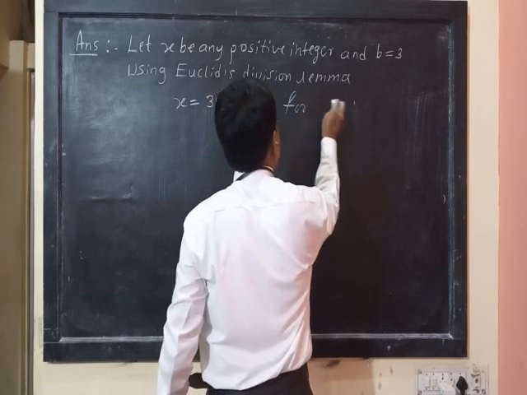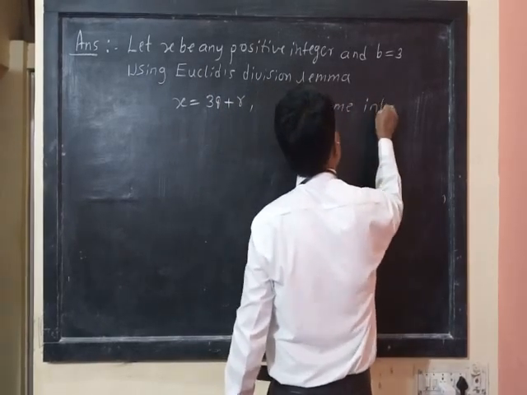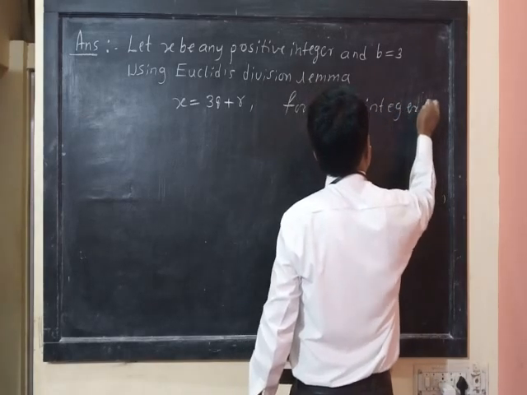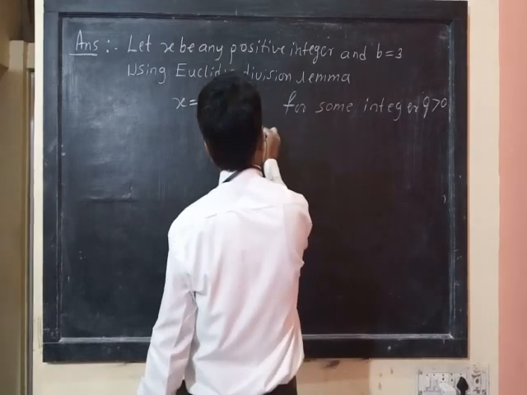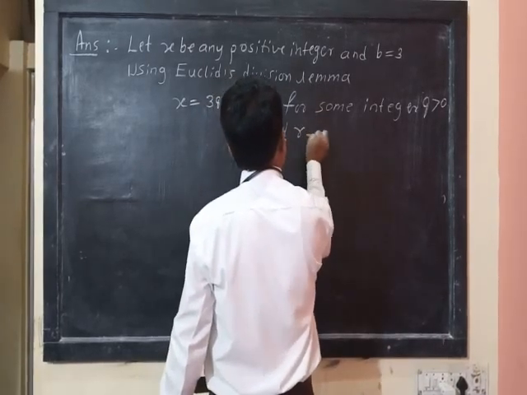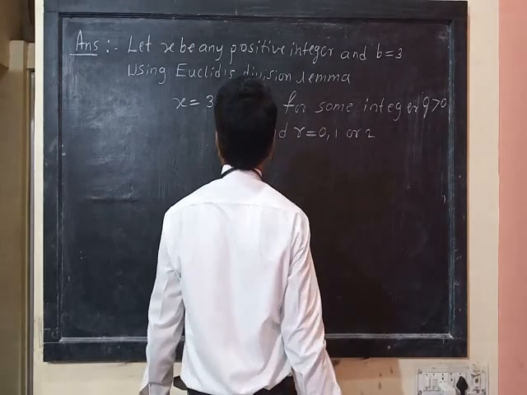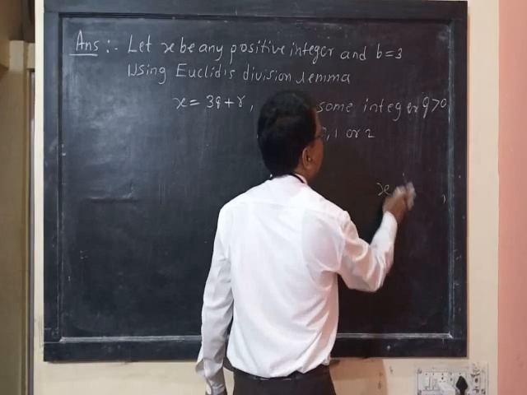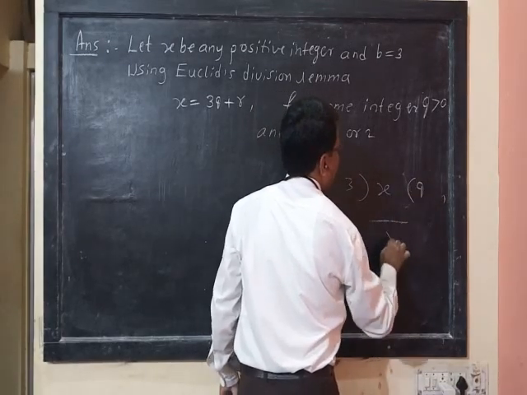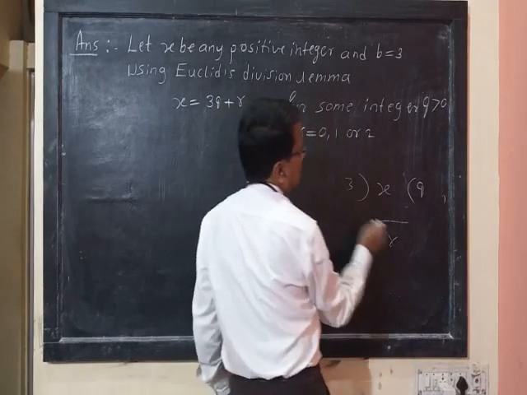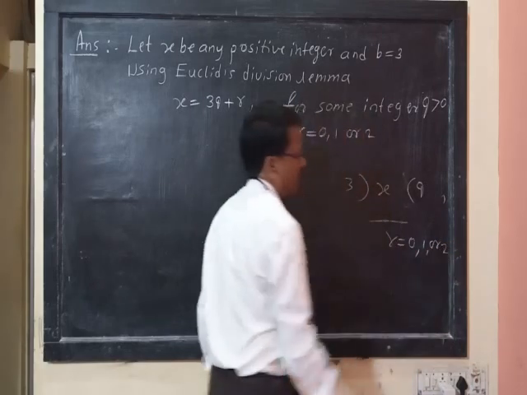For some integer q greater than 0, and r equal to 0, 1 or 2, because you are dividing x by 3, with quotient q and remainder r. Your divisor is 3, so the remainder can be 0 or 1 or 2, not more than 2.